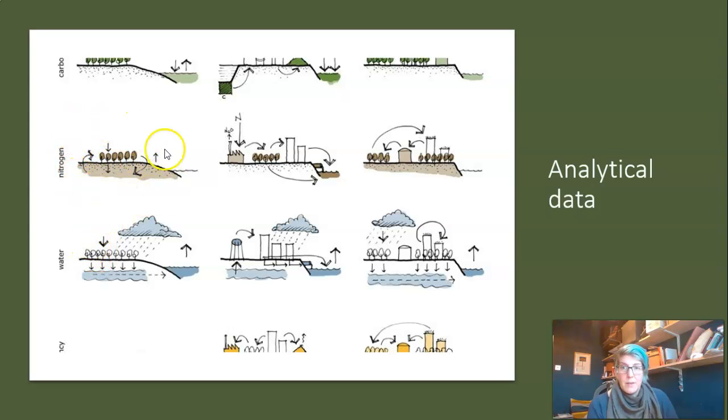This is how the nitrogen cycle works in nature. This is how a nitrogen cycle works in a standard urban area. And this is how the nitrogen cycle could work in an eco-city. Likewise, here's how the water cycle works in nature, how it works in a standard city, and how it could work in an eco-city.